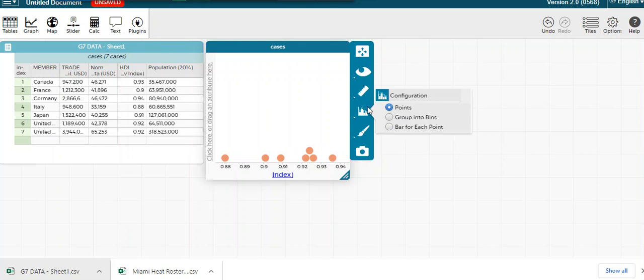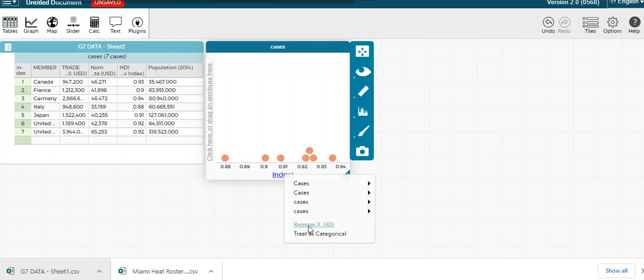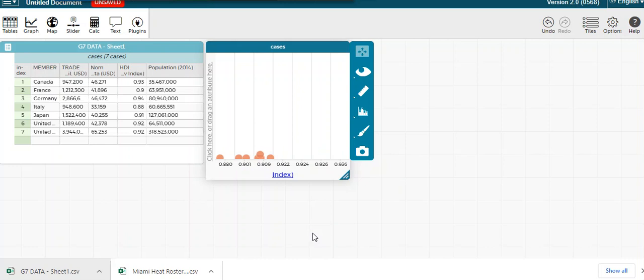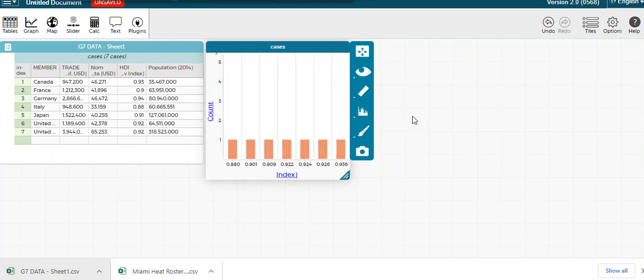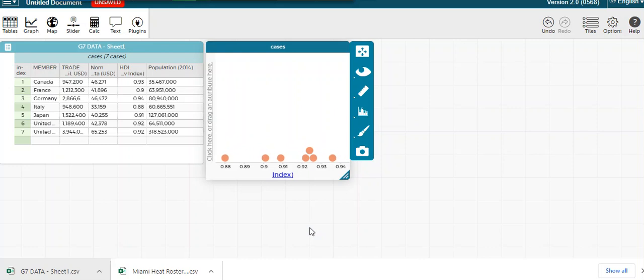No, I can't do that here. I can't merge them because I'd have to treat them as categorical. Now, what did I just do there? If I fuse them into bars, that's not helping me a bit. So I'm going to go back to treating them as numeric.